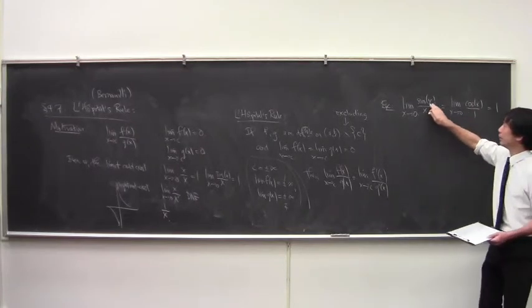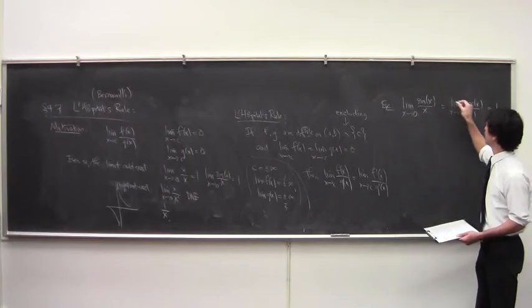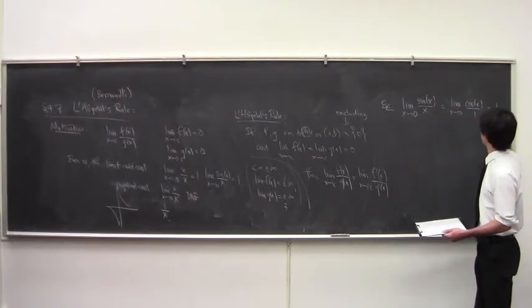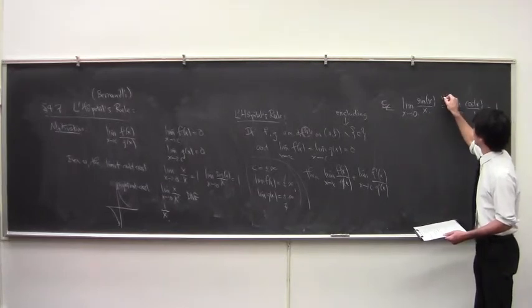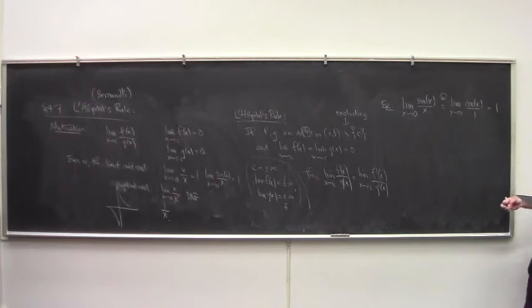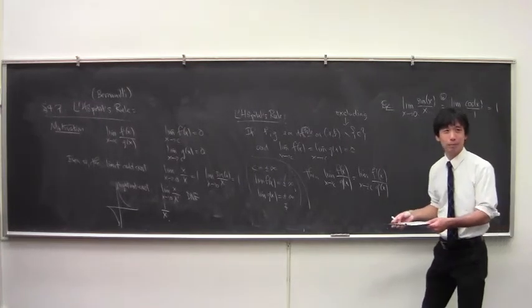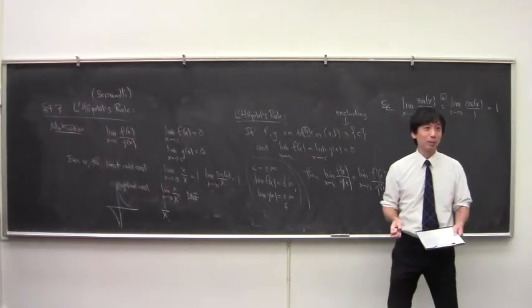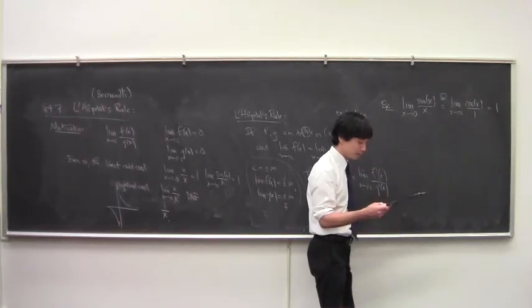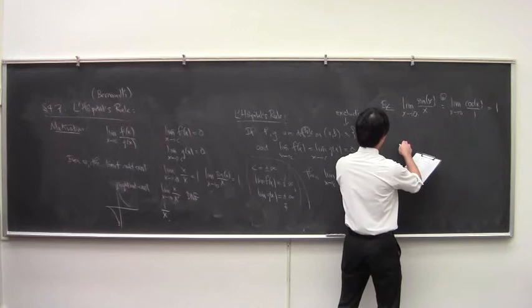So the limit of this ratio is the same as the limit of the ratio of the derivatives as x goes to 0, and that's going to be 1. I usually put a circled H over it to indicate that I used L'Hopital's rule. If you show that to somebody else, they'll say, what is this? But anyway.